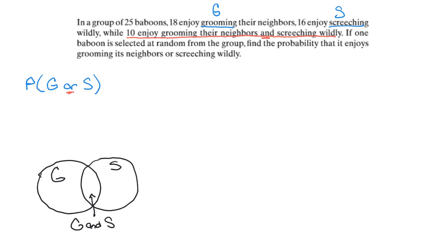According to this, these are not mutually exclusive, so we have the probability of grooming plus the probability of screeching minus the probability of grooming and screeching.